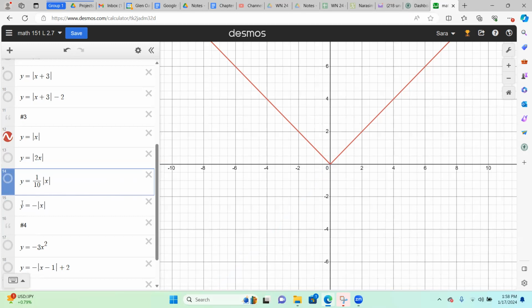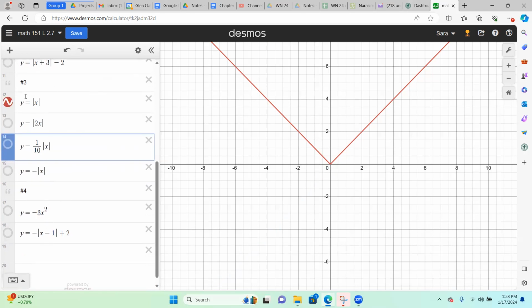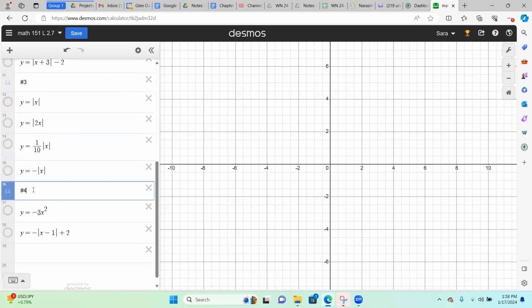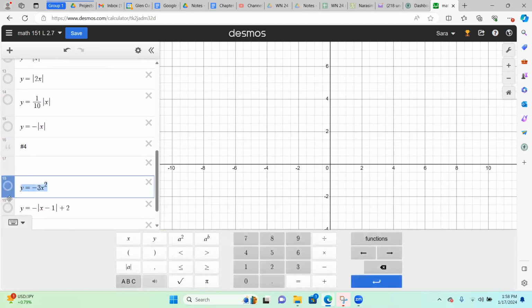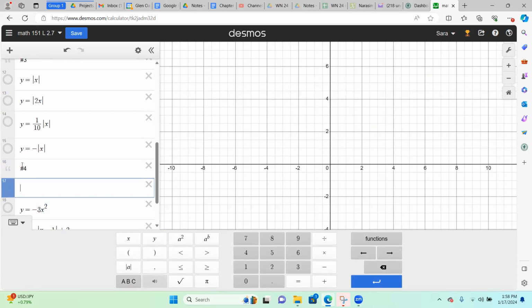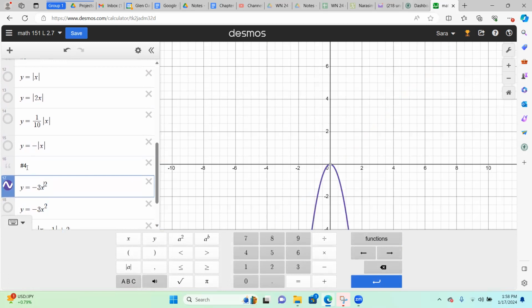So if you look at example 4 on your paper, these are just graphs. So you're just kind of observing what's going on. The base graph in number 4 here on Desmos, I'm going to make that just x². So let's see here. I'm going to take away the scaling and the reflection. So there's just a parabola. We're going to learn more about those later, but there's a basic x² function.